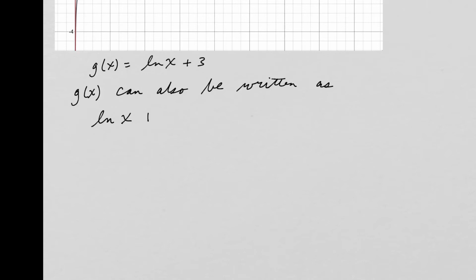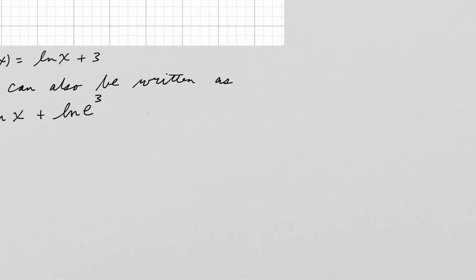I'm going to write it as natural log of e to the 3rd power. And remember, that's just 3, right? Because the natural log undoes the exponential, e to the 3, and it gives you back the argument, which is 3, right? So this is true because natural log of e to the 3 is just 3. It's just a different way of writing 3.